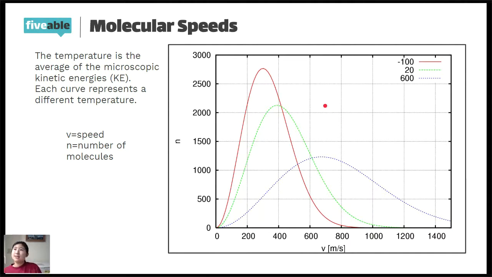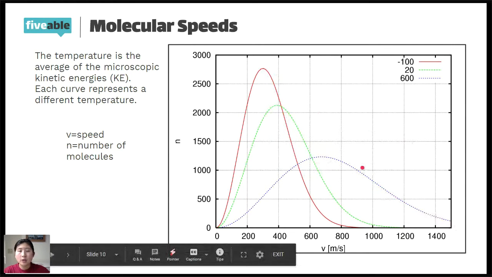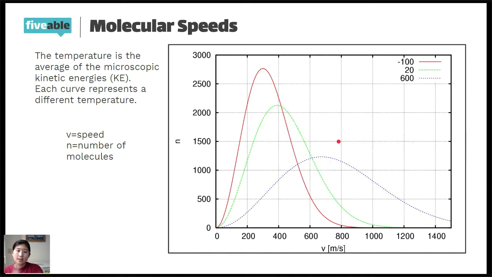If you think of it this way, when you spread the curve further, more wide, the average kind of moves with the curve, right? As we see the temperatures increase, they're spreading more to the right. Then the average will also move a bit more to the right.